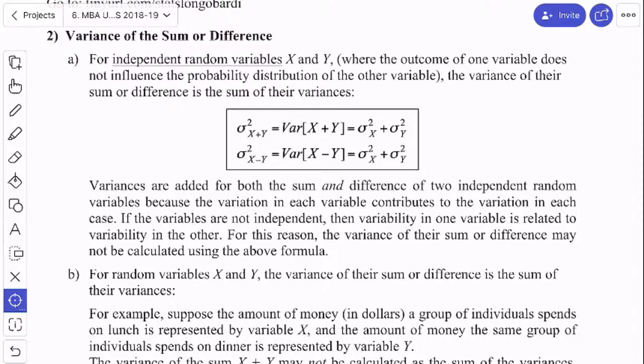The result that we just discussed was that the mean of the sum is equal to the sum of the means. Well, should it follow that the variance of a sum is the sum of the variances? This is only the case when your variables are independent or not correlated.